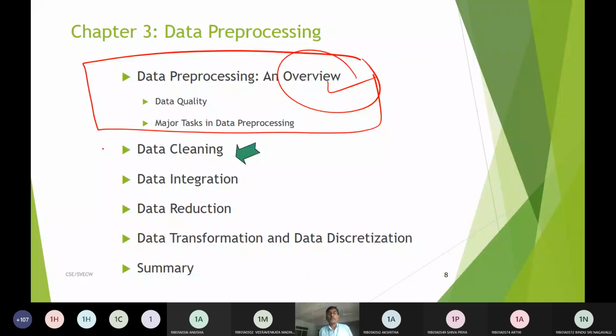Inconsistent data contains discrepancies in code or name. There are discrepancies in the output. Assume the rating was 1, 2, 3, but somebody gives it as A, B, C. So there is a mismatch here.